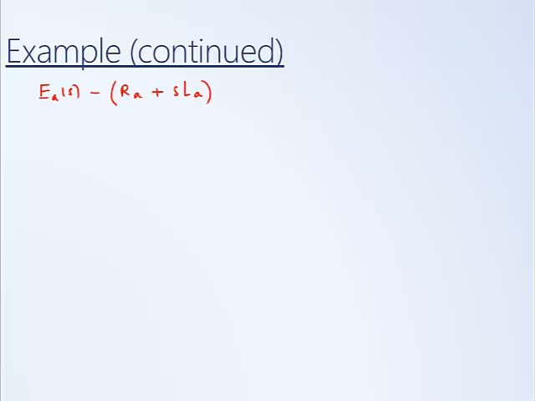And then I substitute in for I sub A. I had JS squared plus BS divided by K times theta of S. Then I had the back EMF KB times S times theta of S. That's all equal to 0. So now I have a single equation only in terms of our inputs and our outputs. IA has been eliminated. And then I just want to rearrange this into output over input.